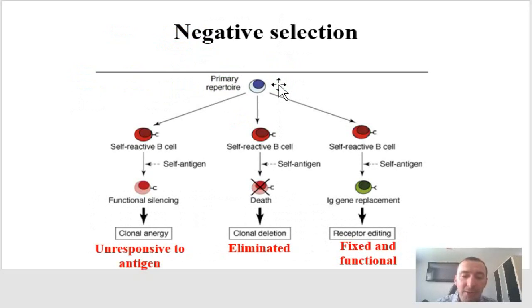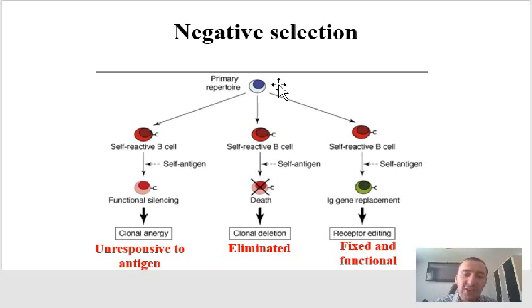Okay, now in terms of the series of steps involved for negative selection, that is, when we do get a B cell that reacts against self-antigen, we have a series of options which are nicely highlighted in this slide.